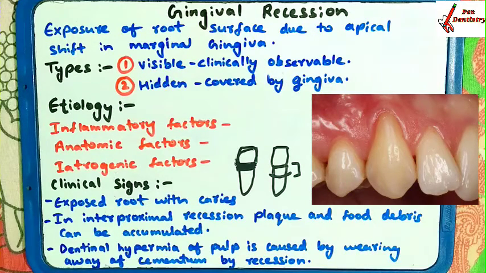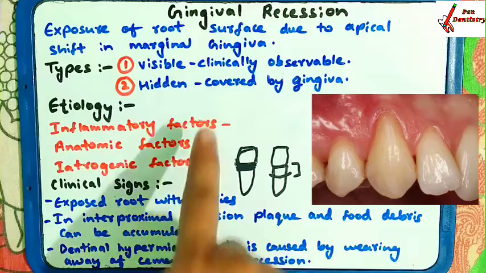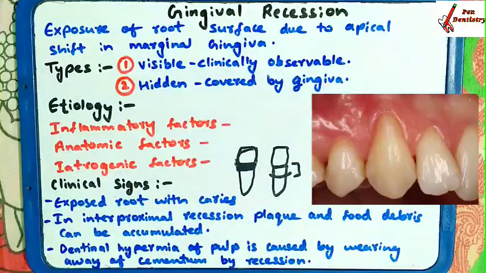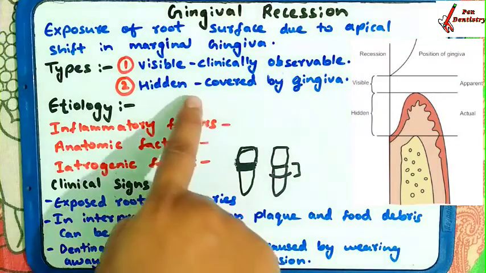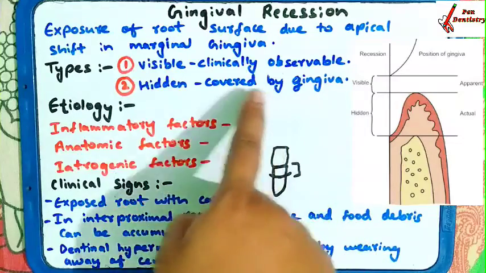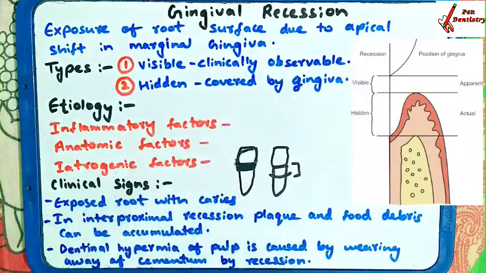As you can see in the picture as well, the types: visible, clinically observable, where you can see the recession is present. But sometimes it is not visible. It is hidden or covered by the gingiva, and you are not able to see it with your naked eyes.